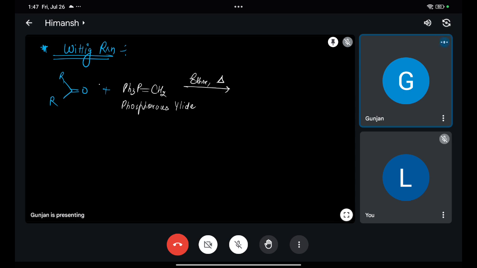This is a short trick to remove this oxygen out, as Ph3P=O, and combine the CH2 over here. This is the alkene which is forming.